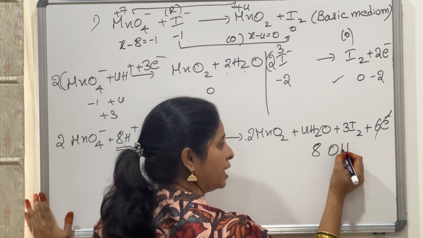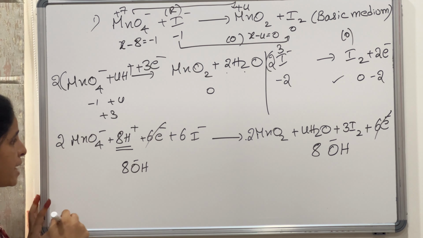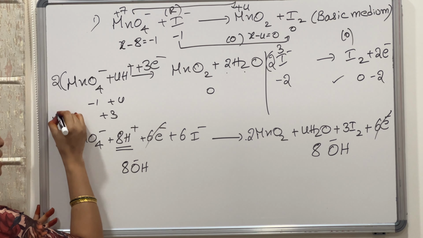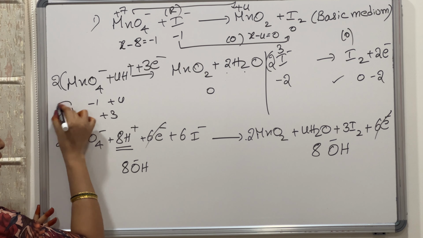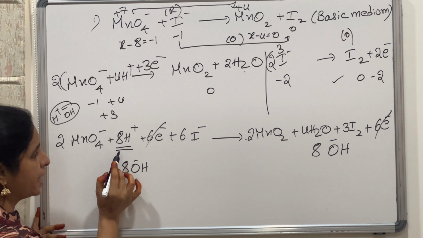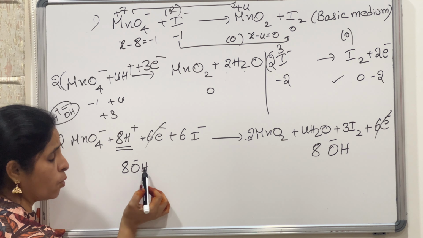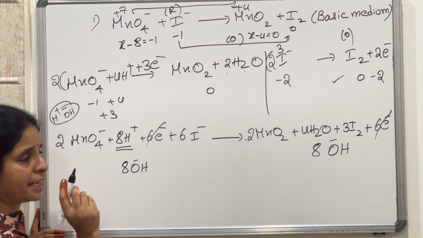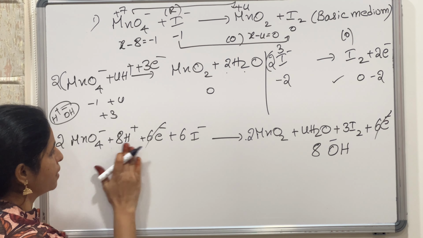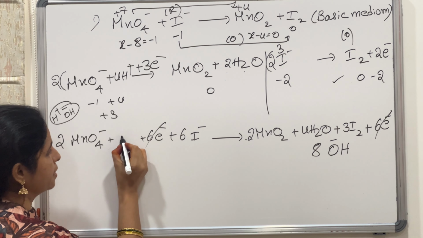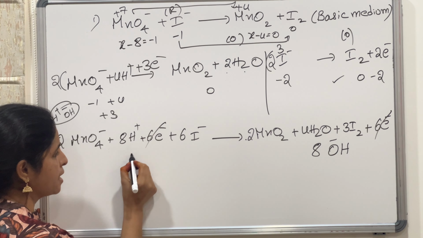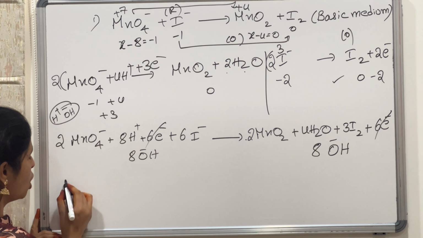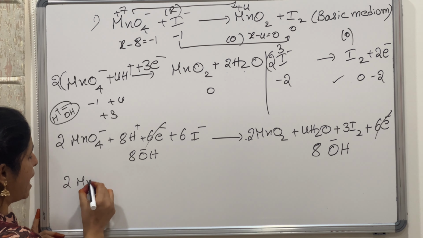What will happen if you add OH minus ions? Here H plus and OH minus, we can write as H2O. So 8H plus and 8 OH minus will become 8H2O. I am adding 8 OH minus ions on both sides. So what will it become?